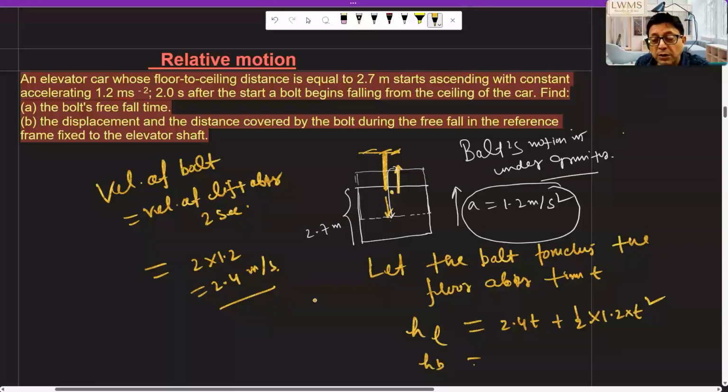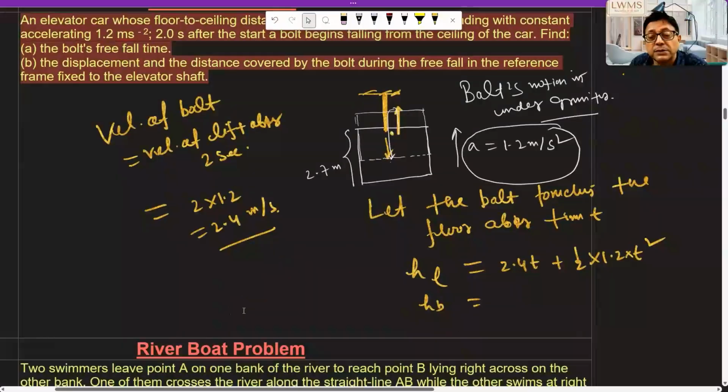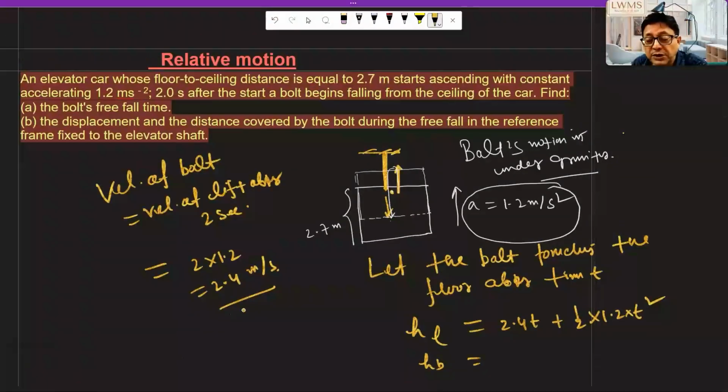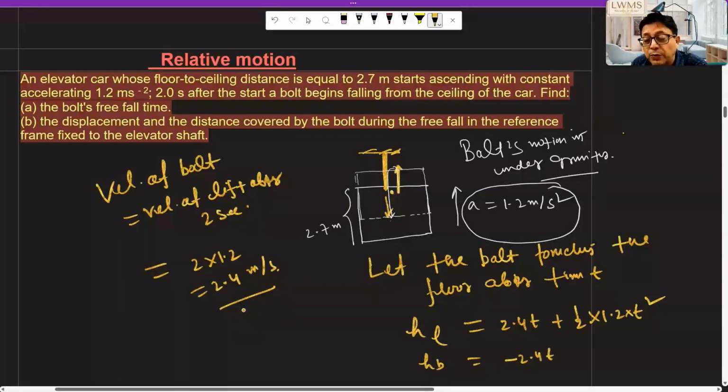How do you find H bolt? H bolt is minus ut, upward direction, no? The initial velocity is upward. So minus 2.4t plus half into g t squared, because g is in the downward direction.